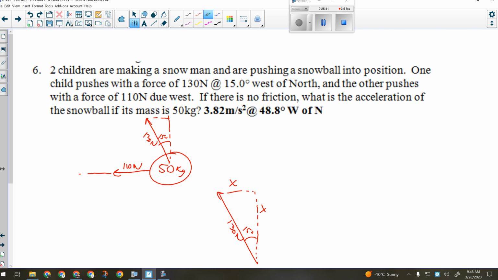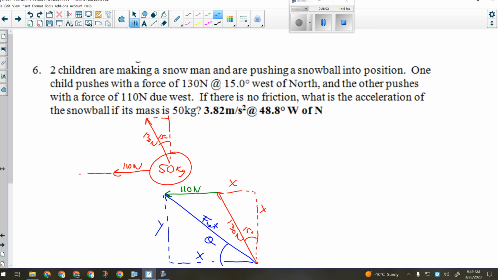Then 110 newtons due west, and that means that my net force will be right here. That will be its vector, this will be y, and this will be x.